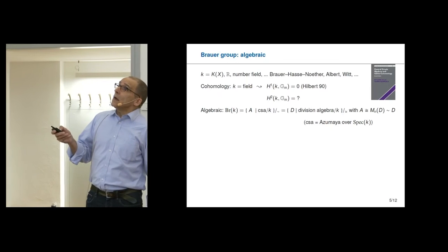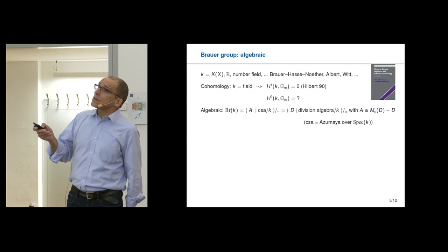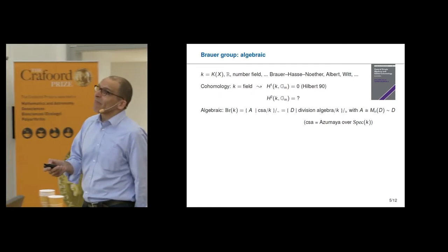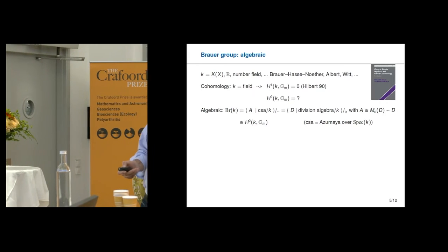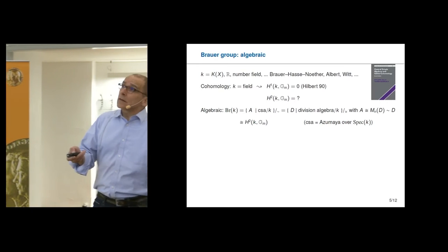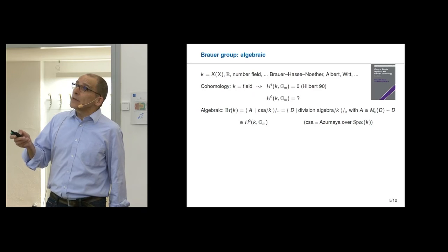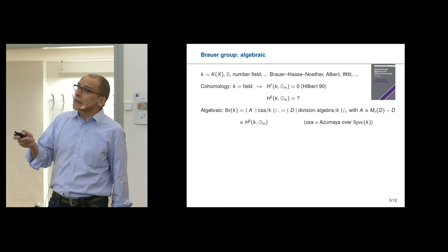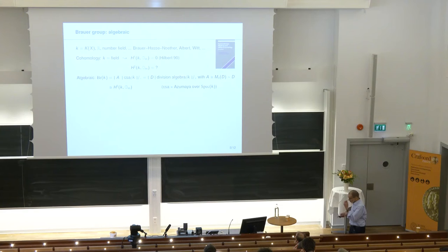Okay? And then the equivalence here is just the equivalence given by a matrix algebra over a division algebra D being equivalent to D. So then the theorem is this can indeed be identified with the second cohomology. So this is the algebraic description of the second cohomology with coefficients in the multiplicative group.